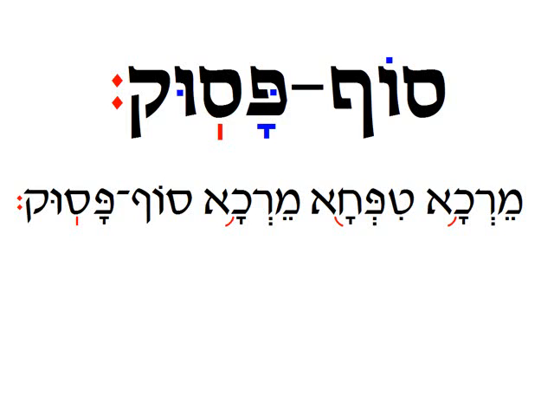In the et nakta family, you may remember that we have a mercha, a tipcha, and then we had a munach, which was the right angle trope, and then followed by the et nakta. In this family, the mercha and the tipcha are exactly the same as the et nakta family. They sound the same, they look the same, but then the last two tropes are different. You have a repeated mercha, and then finally Sof Pasuk.